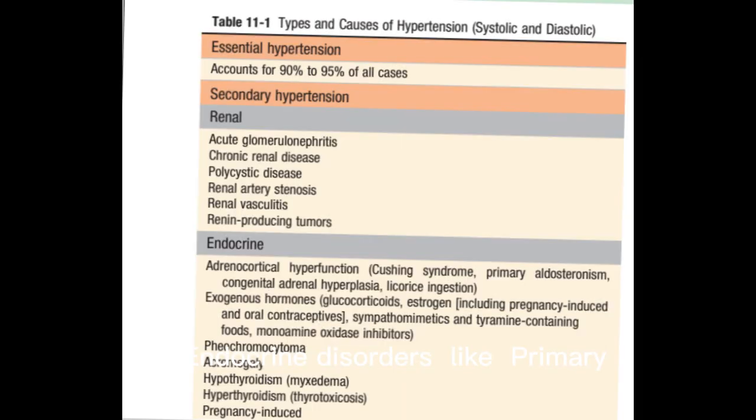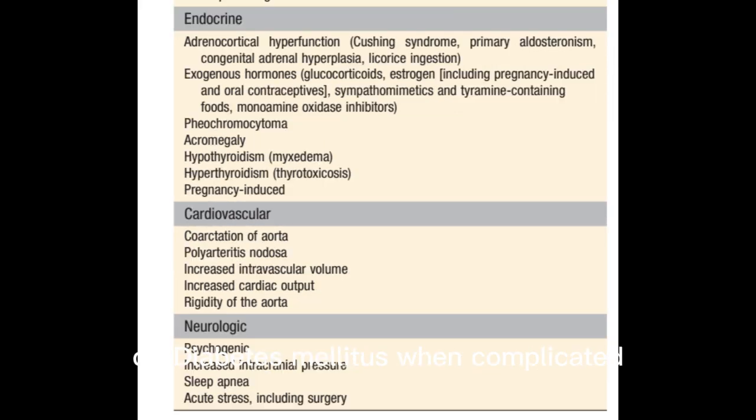2. Endocrine disorders like primary aldosteronism or Conn syndrome, which is usually associated with an adrenocortical adenoma or bilateral adrenal hyperplasia. In addition to hypertension, it is marked by increased serum sodium and reduced serum potassium; acromegaly; Cushing's syndrome of pituitary or adrenocortical origin; pheochromocytoma; and hyperthyroidism. 3.